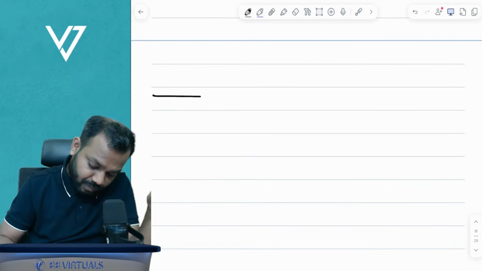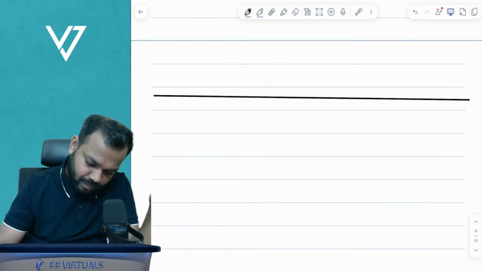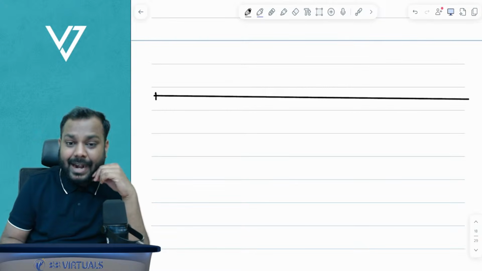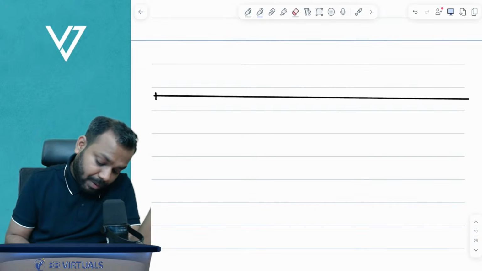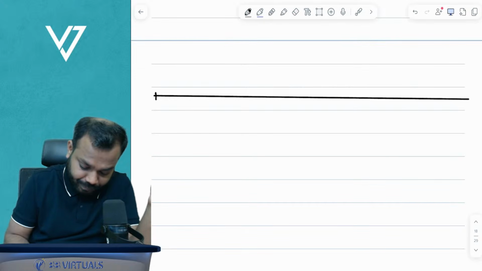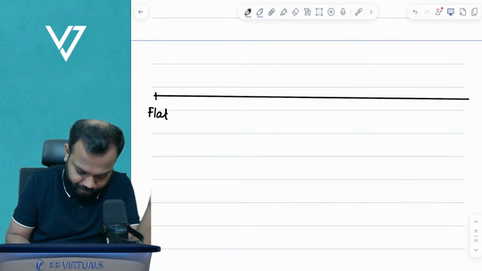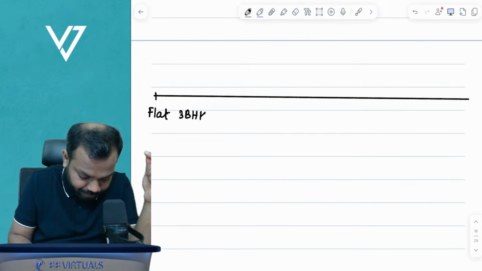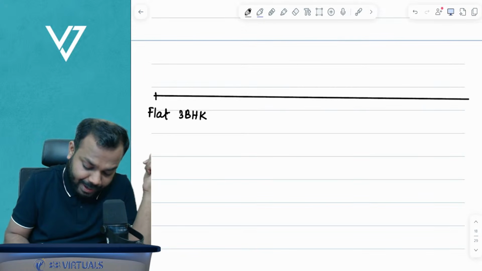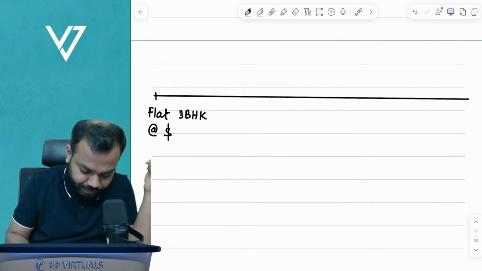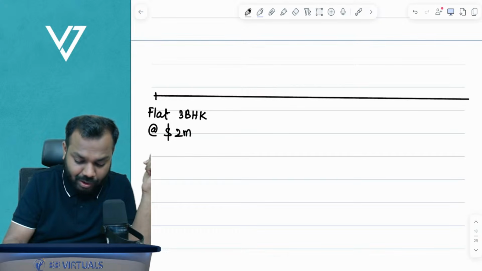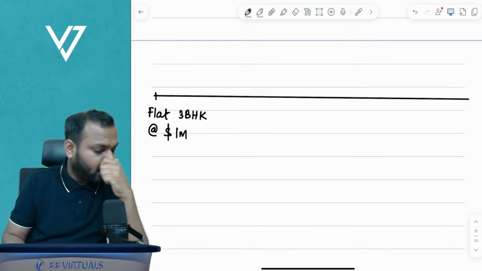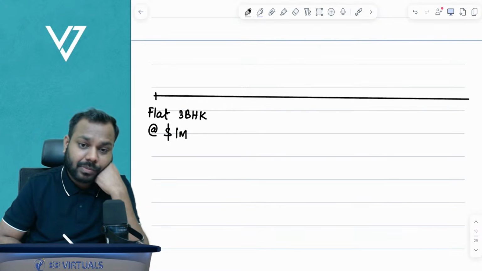Your father purchased a flat, 3 BHK flat, at a price of $1 million.